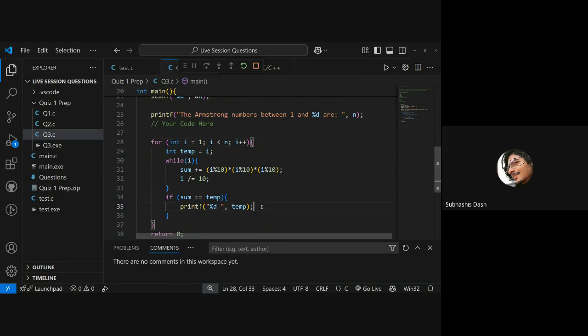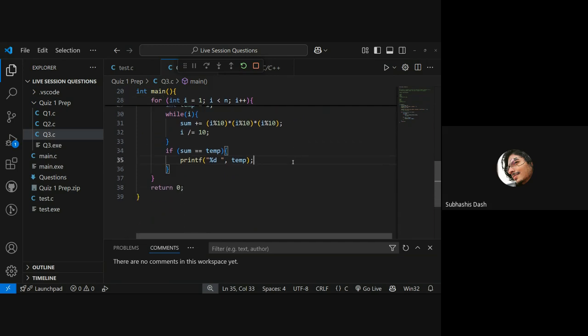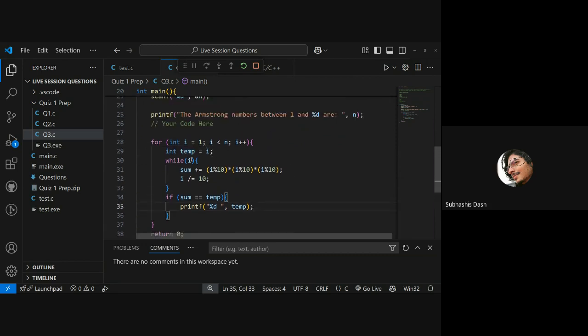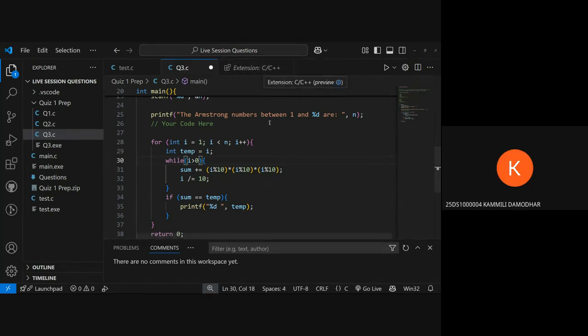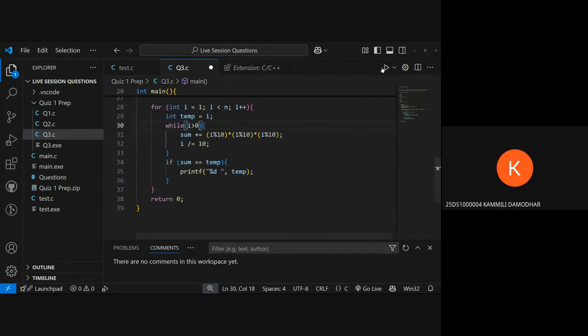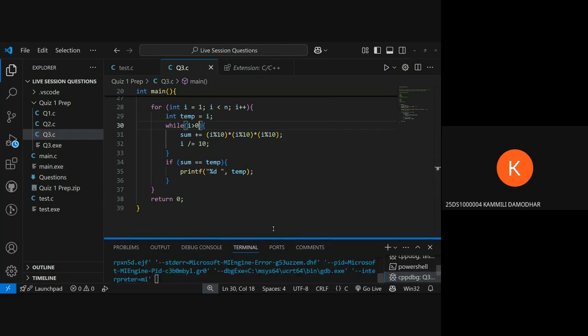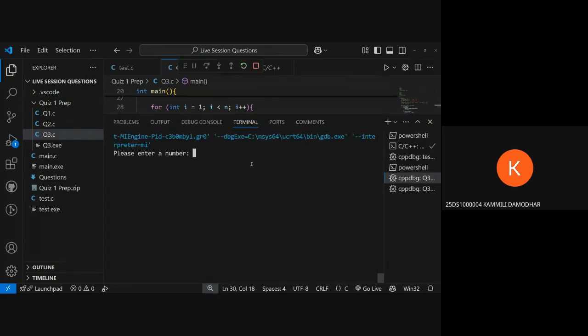Okay, is that so? Yeah, that does complicate it. Shall we print which number it is calculating? Then 153, we know it is Armstrong.